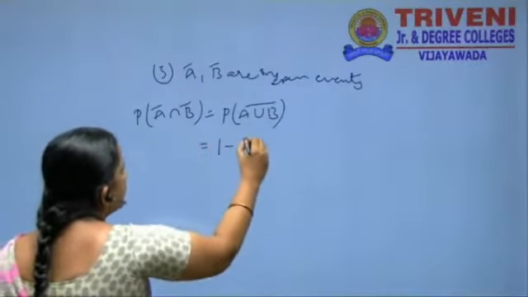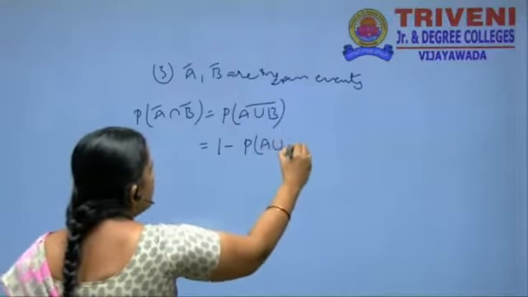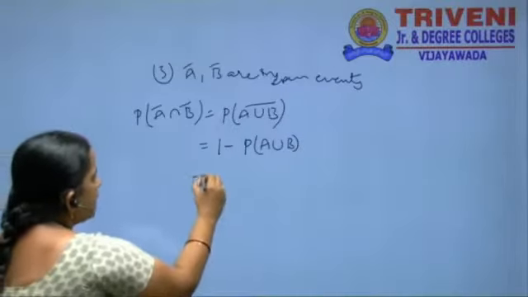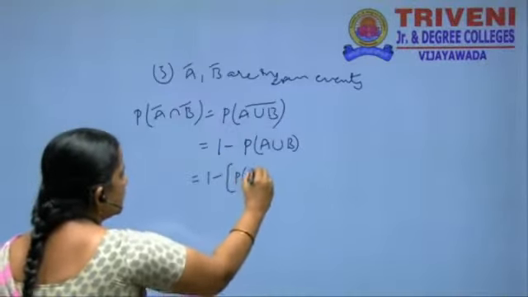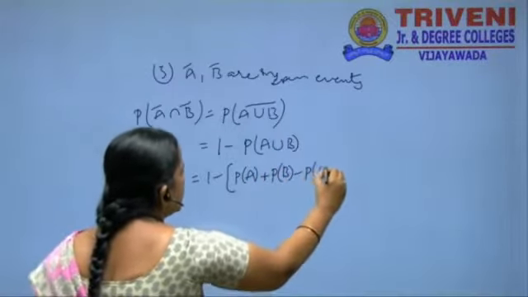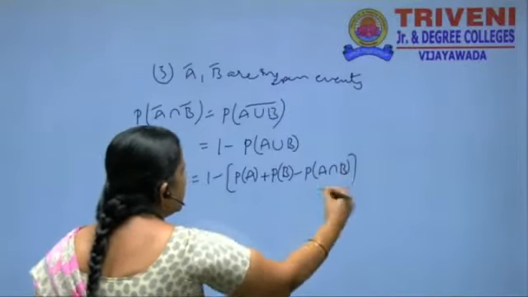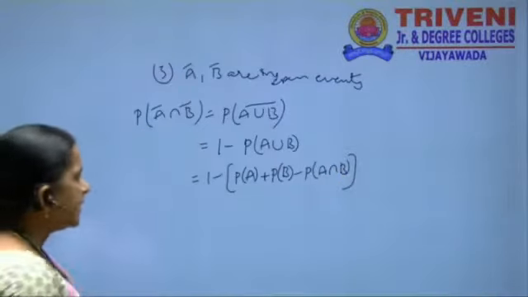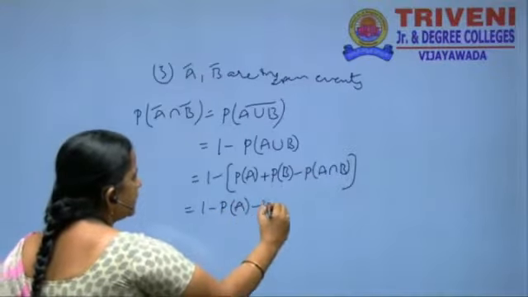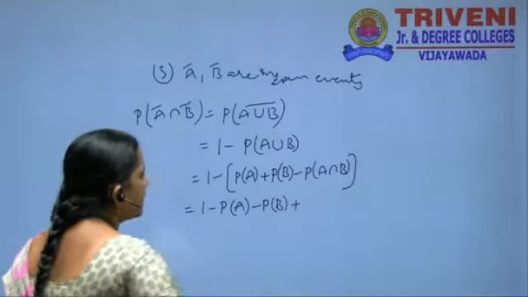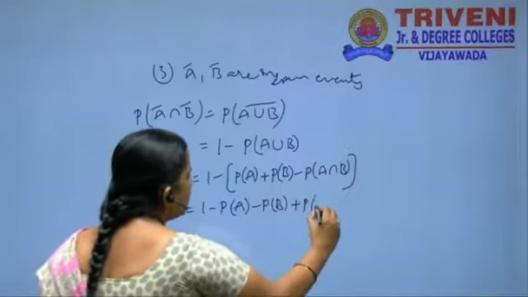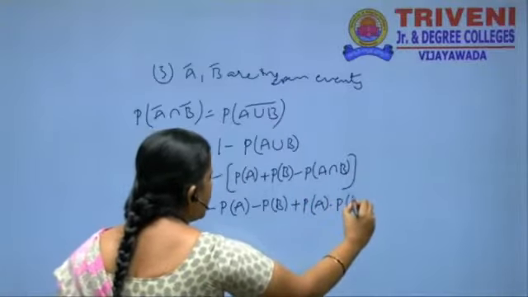This can be written as 1 minus P of A union B. Here, by using the addition theorem on probability, 1 minus P of A plus P of B minus P of A intersection B. Here also A and B are independent events. That's why I am writing here 1 minus P of A minus P of B, minus into minus plus, P of A into P of B.